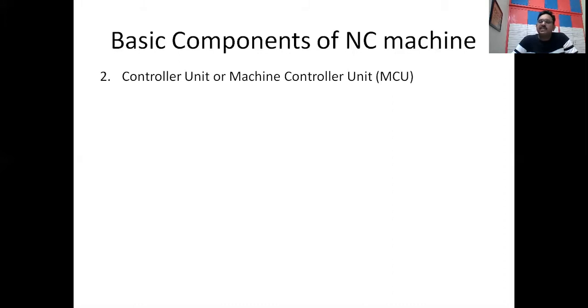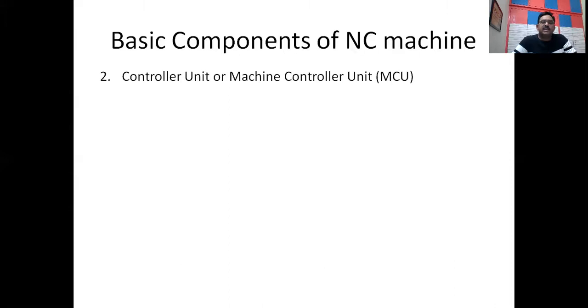These instructions are given in the form of letters, numbers, or some coded information, and these are prepared on a medium like punched tapes or magnetic tapes or 35 mm motion movie film or 1-inch wide tape, and all these things are the program of instructions. One important thing is this program of instructions should be prepared by an expert who has knowledge of both machining as well as programming language.